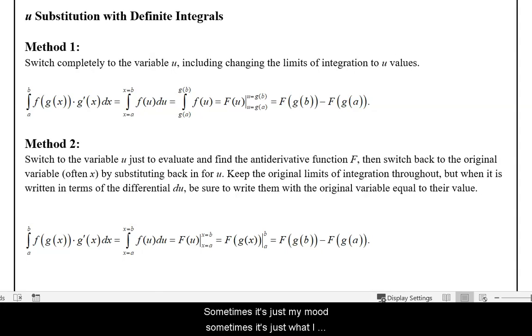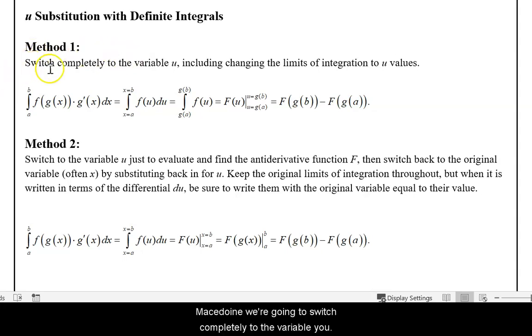Sometimes it's just my mood, sometimes it's just what I happen to think of first, and sometimes it's a conscious choice because I think it will be easier in the long run. You need to be able to do both because there will be occasions where one is a clear advantage over the other. So this is one where you need to learn both method 1 and method 2. Let's talk about what they are.